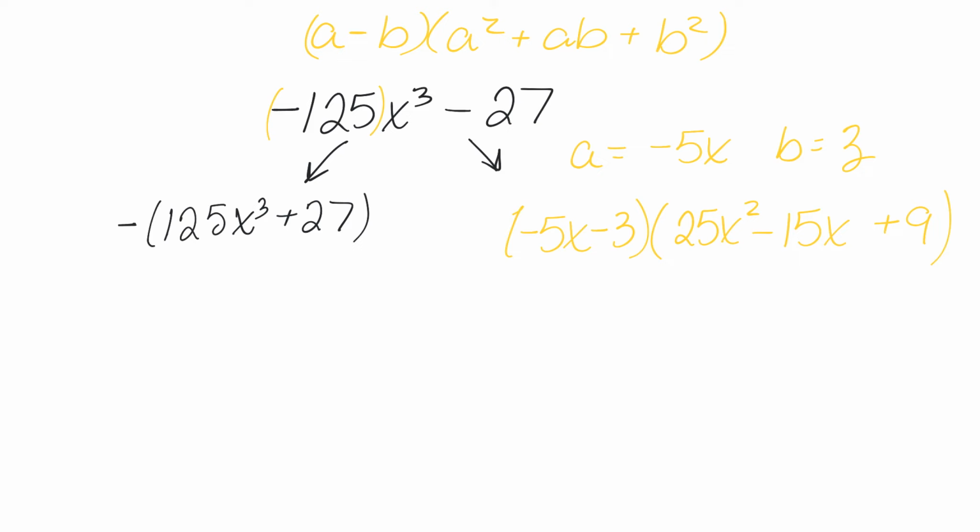Okay, now over here, let's come back to this side. If we factored out that negative, then we're going to have 5x plus 3. And then 5 squared is 25x squared plus 15.